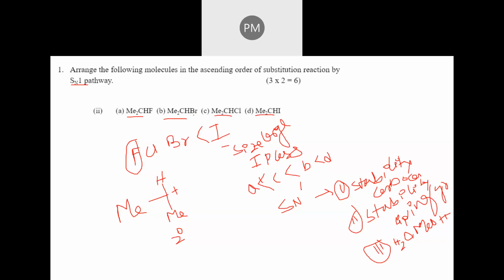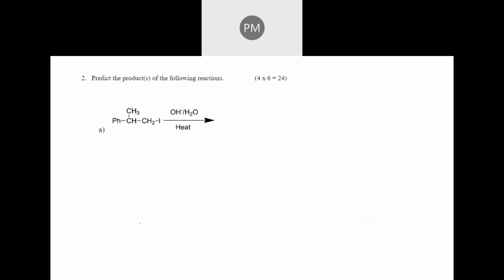Now the next problem. Predict the products of the following reaction. Here the compound is Ph-CH2-CH2-I, and the reagents are OH minus and water.